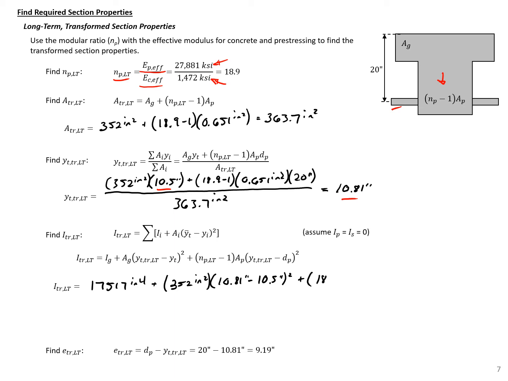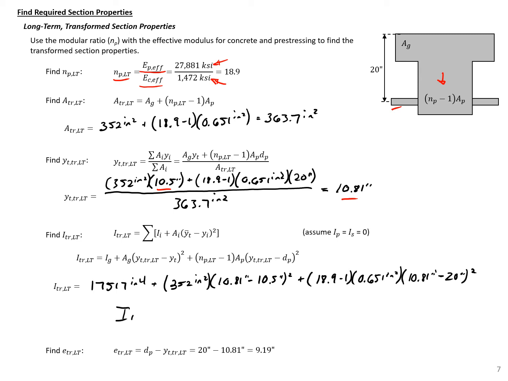So (18.9 minus 1) times 0.651 square inches times (10.81 minus 20) squared.